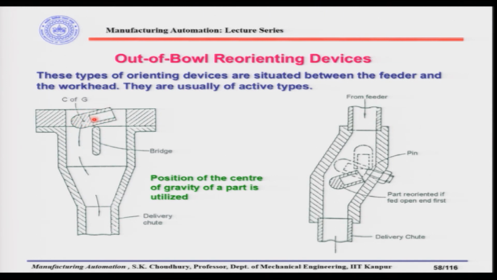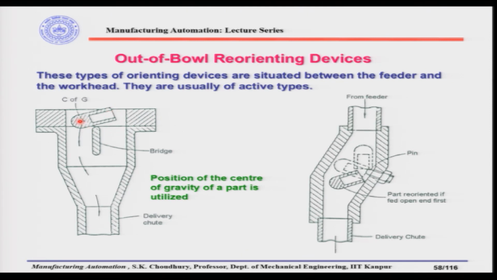So, the part will be reoriented with the heavier side down, and it will always come out of the delivery chute with this orientation. Meaning that if the part is coming with the heavier side up, for example, it will hit here and it will be reoriented, because the heavier side is here and the center of gravity is at this point.